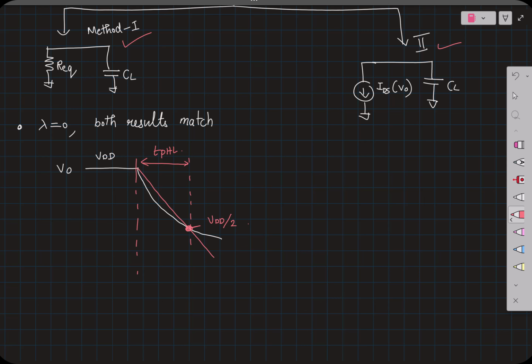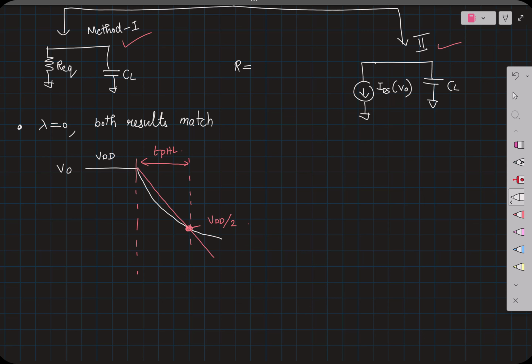Why would it give a straight line? Short channel transistor with lambda equal to 0. Why would it? So the current is, so your resistor, no, I didn't follow. Repeat the question once more. So we are taking the short channel transistor assumption. Correct.